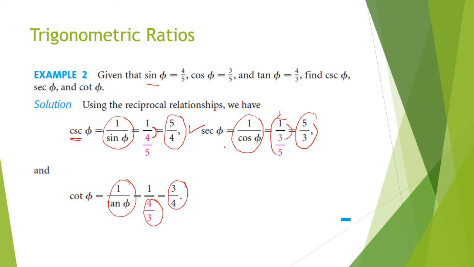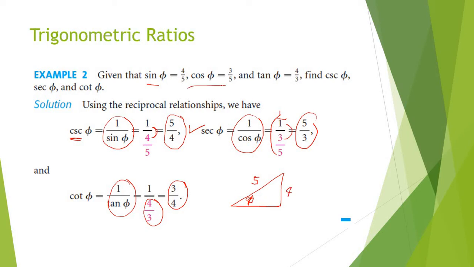Now, if you're going to draw a diagram, a triangle, let us try to check. Obviously, in our diagram, the highest value is the hypotenuse, so this is the hypotenuse. If this is your phi here, and you look at your sine, sine is opposite over hypotenuse, so your opposite here is 4 and your hypotenuse is 5.